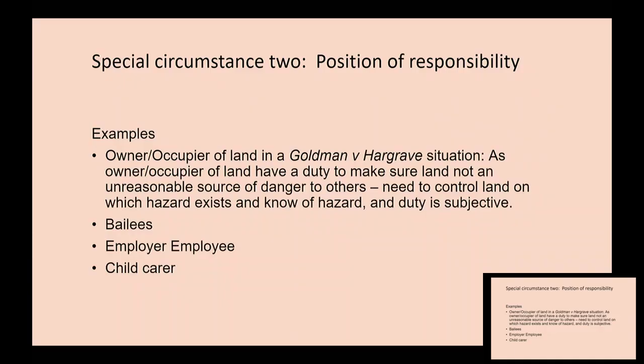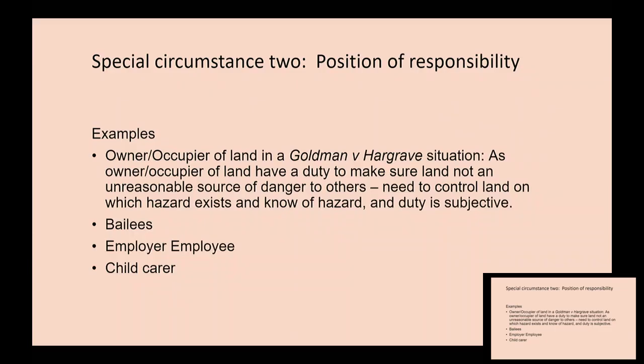So the owner or occupier's liability for a failure to act, so for a failure to put out a fire on their land, for example, arises by virtue of the responsibility an owner or occupier assumes as an incident to their ownership or occupation of land. Okay, it's a benefit and a privilege to own or occupy land.